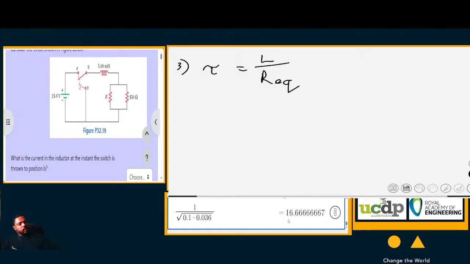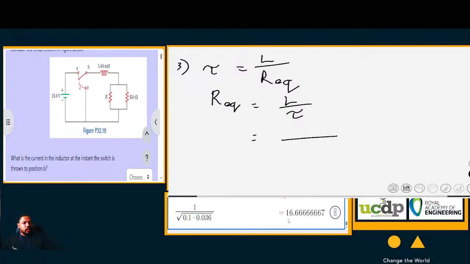Now we have the time constant, we have the inductance, we want the equivalent resistance. So let's work out the equivalent resistance. The equivalent resistance is equal to the inductance divided by the time constant.